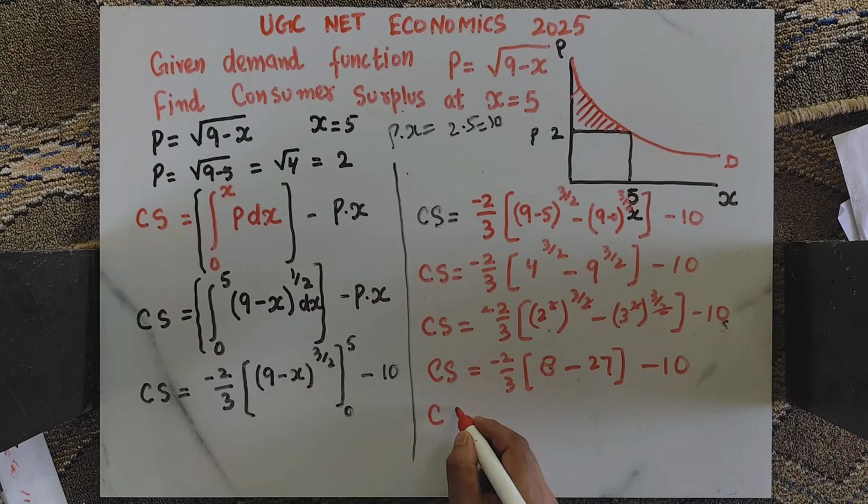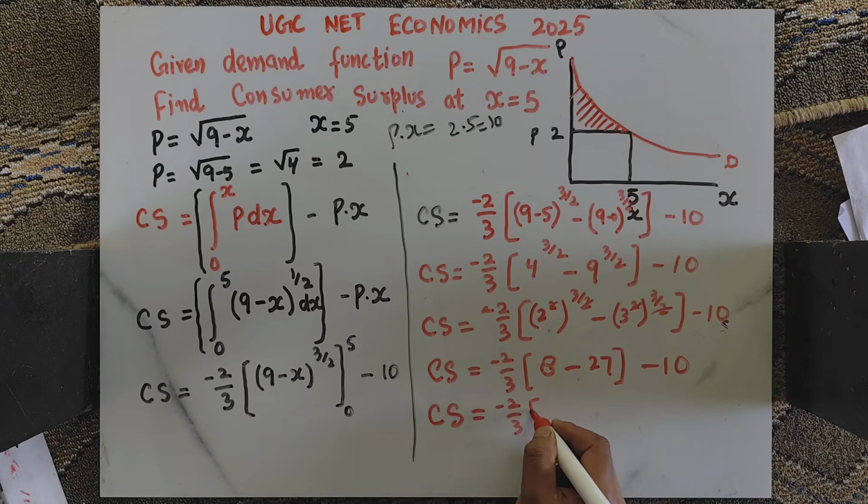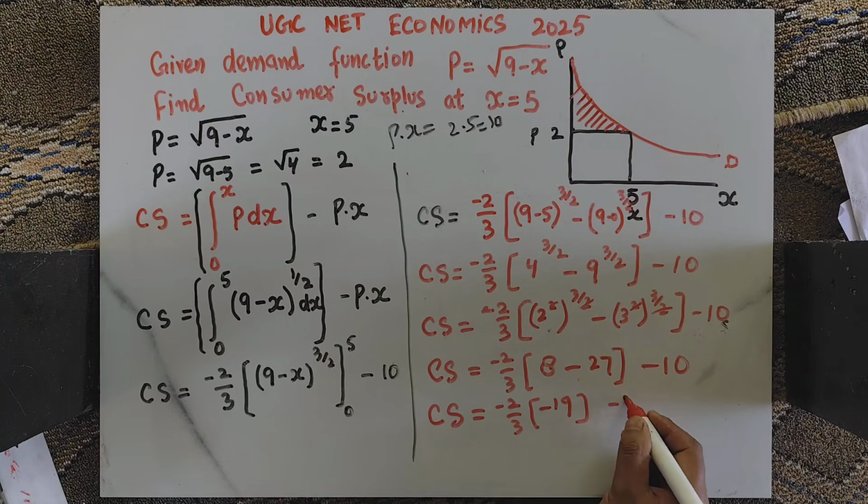That gives us consumer surplus equal to minus 2 upon 3, subtracting 27 from 8, it is minus 19. Then we have minus 10.